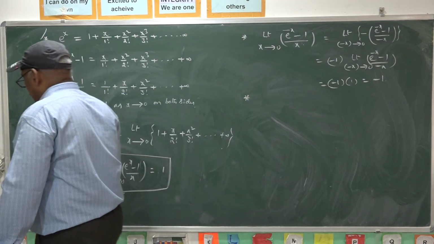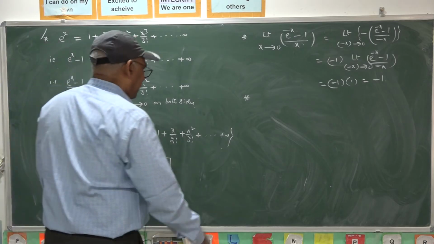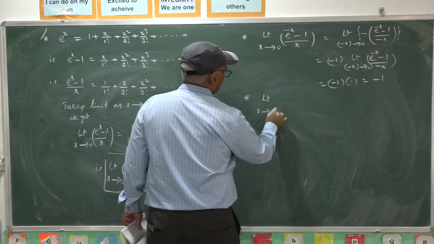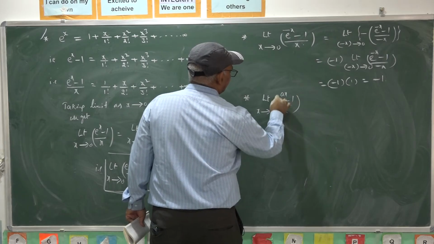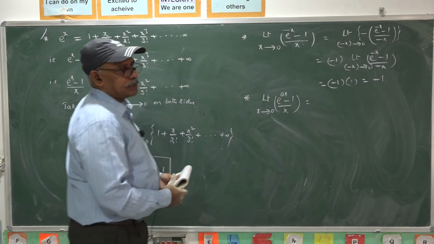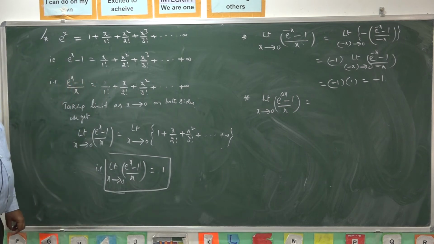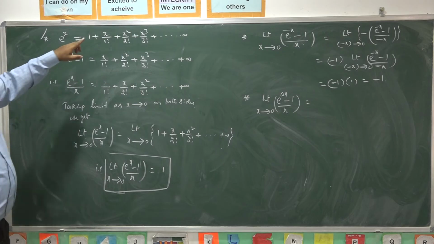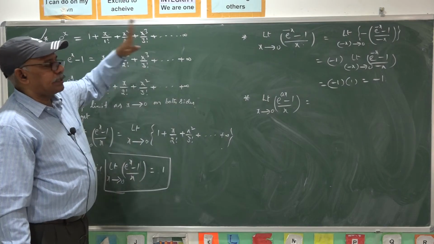Similarly, based on the same expansions, limit as x goes to 0, (e power ax minus 1) by x, find its value. Based on the same model, replacing x with ax in the expansion, here we get ax, here a square x square, here a cube x cube, like that.